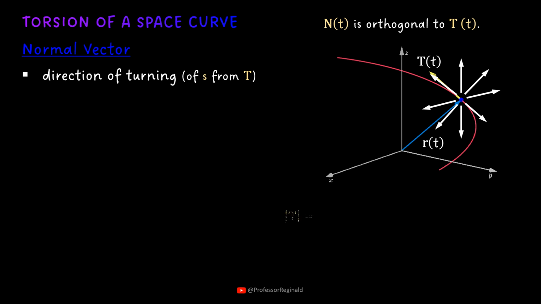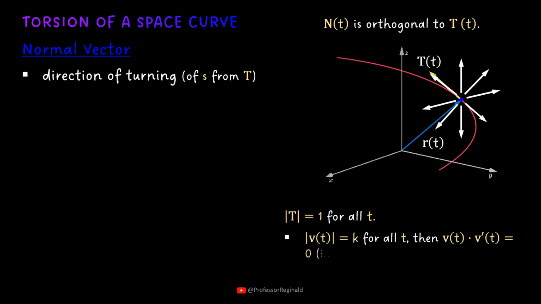Recall that the unit tangent vector is a vector-valued function that has a constant norm equal to 1. And from our discussion of derivatives of vector-valued functions, if a vector-valued function has a constant norm, then the dot product of that vector-valued function and its derivative is equal to 0.